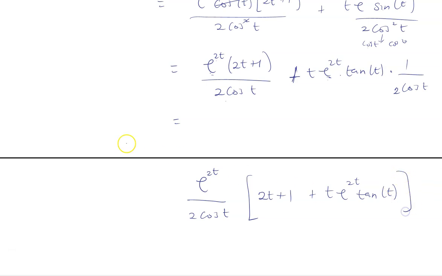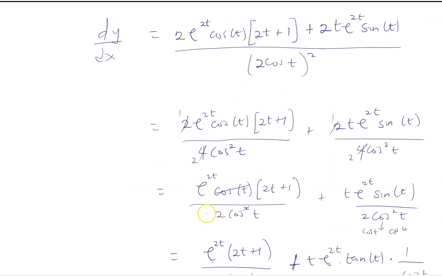Oh, sorry, I don't need to bring the e^2t again. So I'll take this one off, right, going to be plus t tan t. Do you get it? So if you simplify and simplify and simplify, I believe this one today can still be simplified. But if you're able to end here, you are good to go.